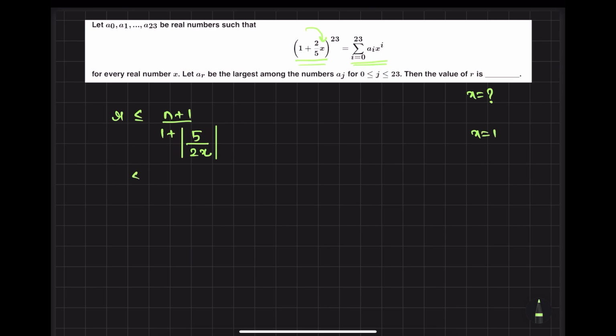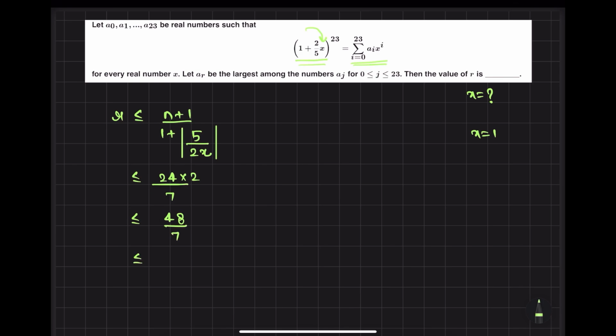Now you know that n is 23. So 23 plus 1, 24 by 1 plus 5 by 2. Okay, so 2 this side and this will become 7. Okay, wait a moment. 7. So it is 8 and then 4.